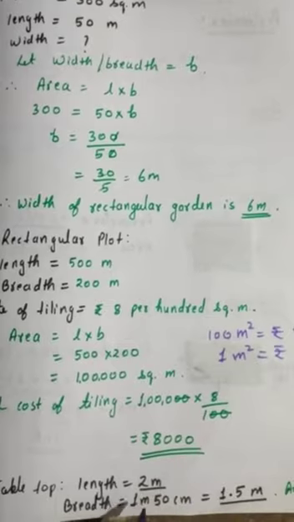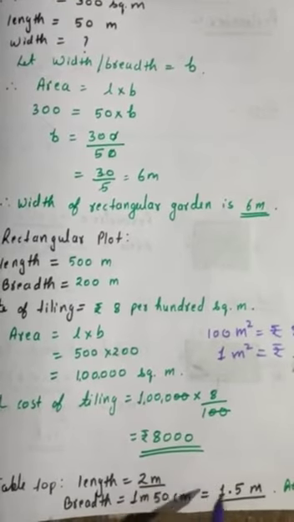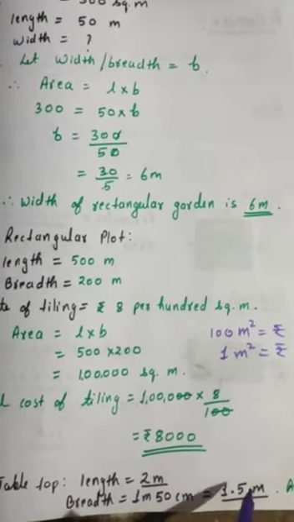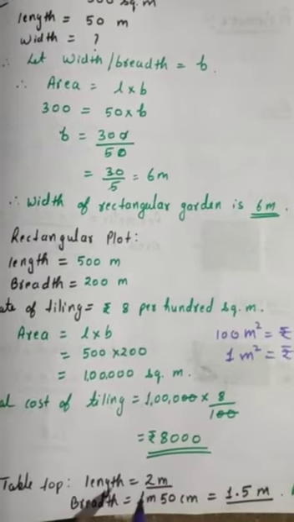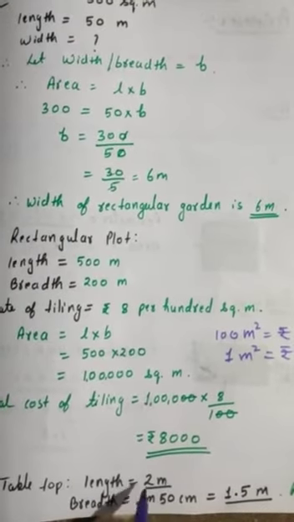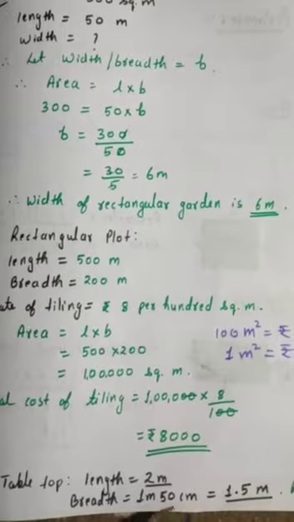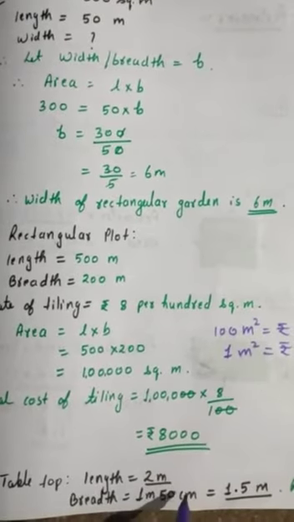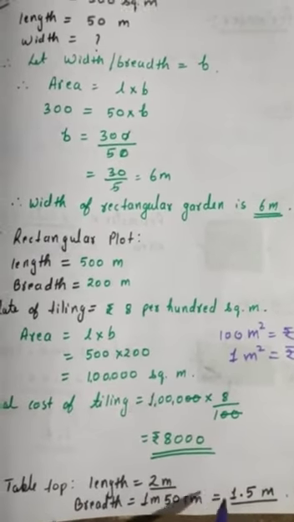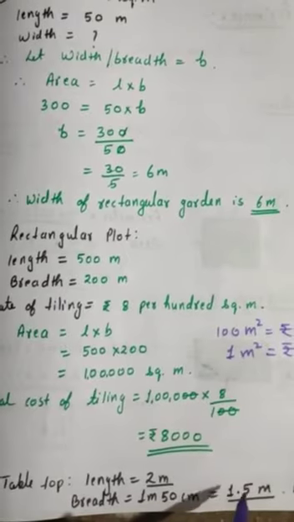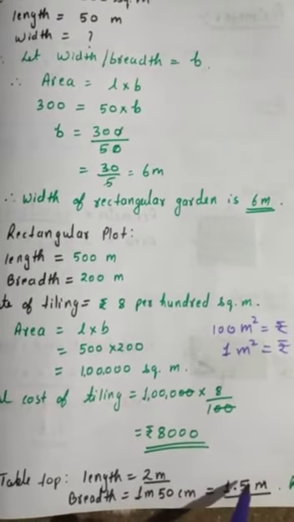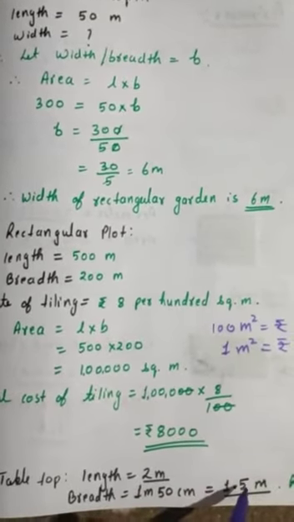So 1 meter 50 centimeter will become 1.5 meter. I hope all of you remember this conversion from the previous chapter: 1 plus 50 upon 100, because 1 centimeter is equal to 1 upon 100 meter. So 50 upon 100 will give you 0.5, and when you add 0.5 to 1, you will get 1.5.